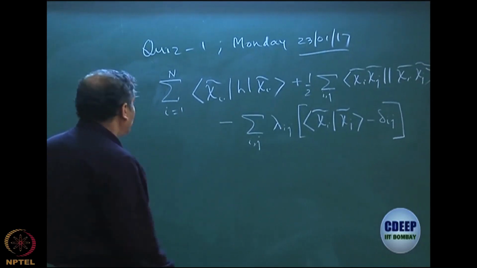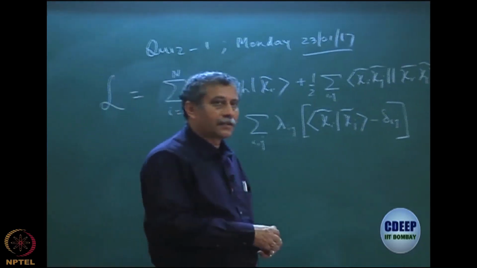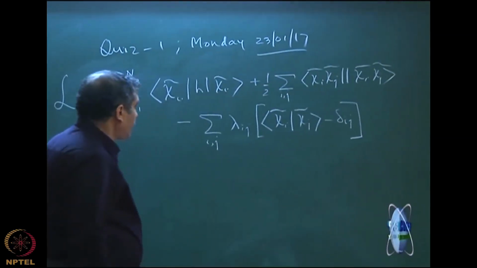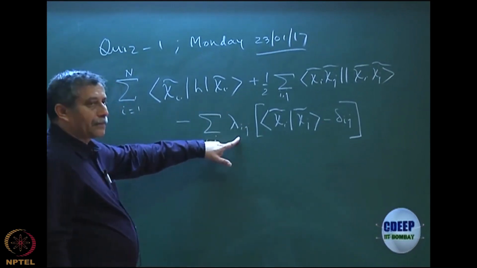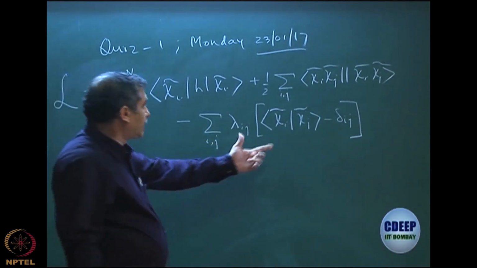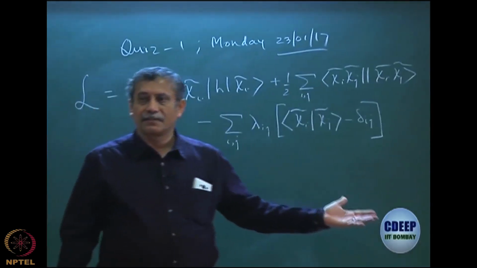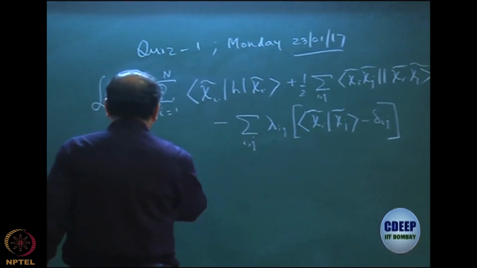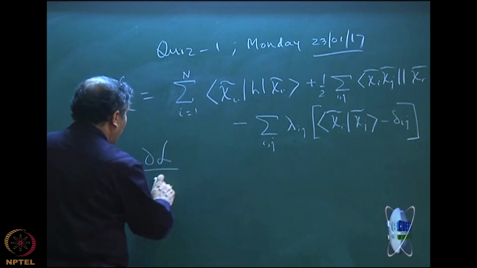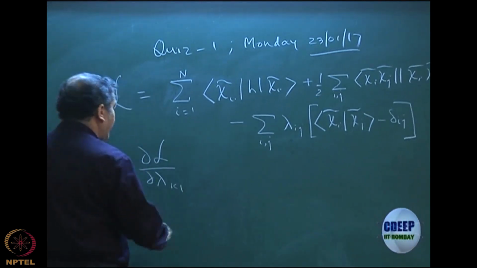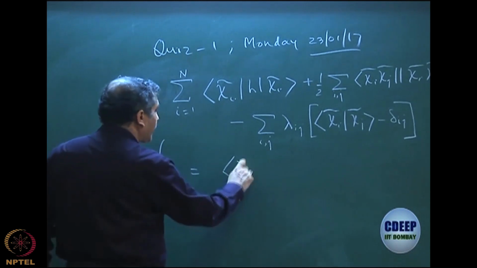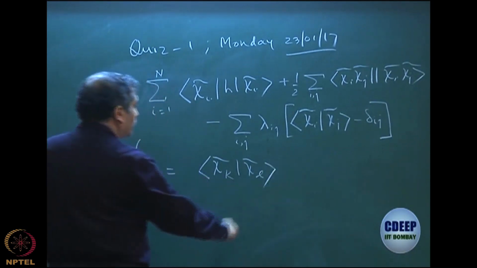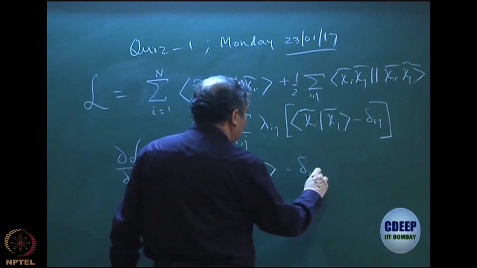So this is a matrix, n square in number. I have to make this optimum or stationary with respect to chi i tilde as well as lambda ij. But the derivative with respect to lambda ij is trivial, because we will get back this equation, and that is the reason the Lagrange multiplier is put like this. If I differentiate del L by del lambda kl, the result will simply be the overlap of chi k tilde and chi l tilde minus delta kl equal to 0.